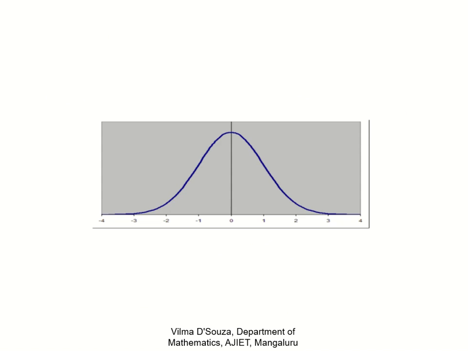If you go back to the figure here, the probability of z greater than 1, from here to infinity, is nothing but the total area from 0 to infinity minus the area from 0 to 1. Right? The total area from 0 to infinity minus the area from 0 to 1 gives you the area from 1 to infinity.